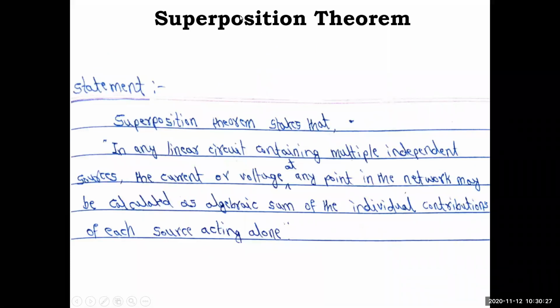So this is what they will ask: state and prove the superposition theorem. What is the statement? In any linear circuit, as I told you initially, superposition applies only to linear systems, which is why it is the first line.